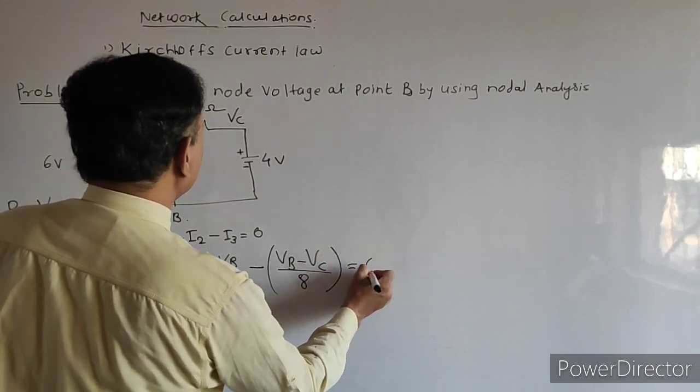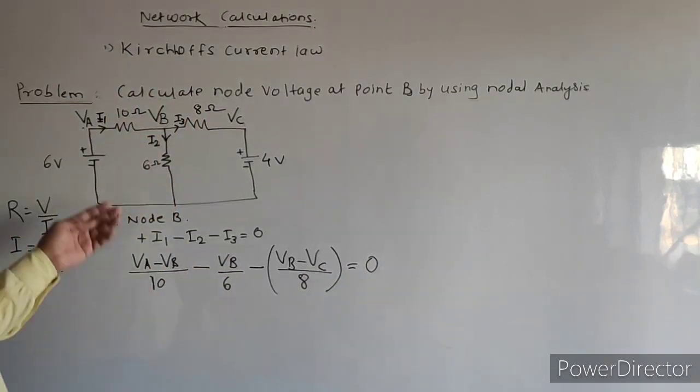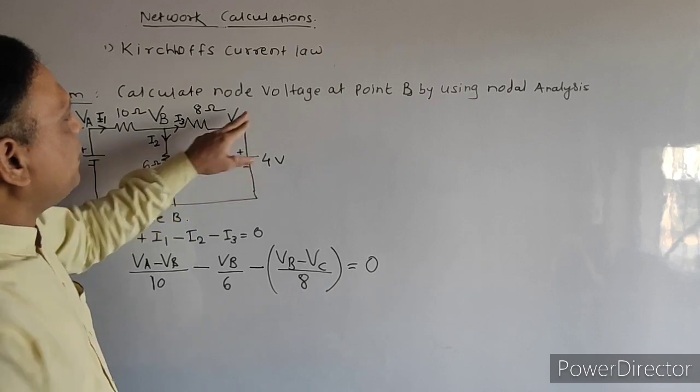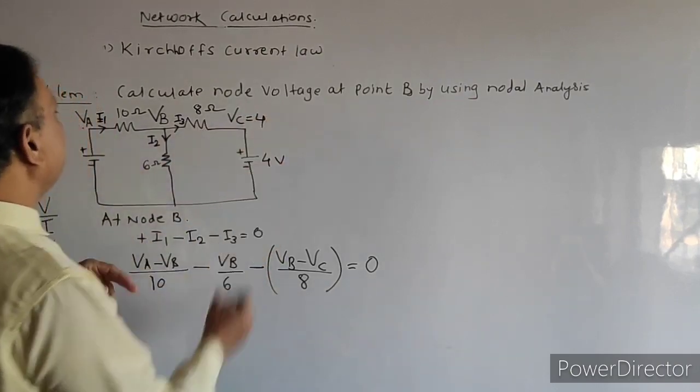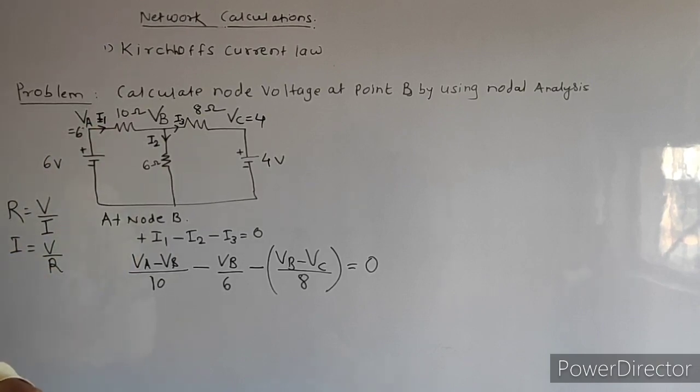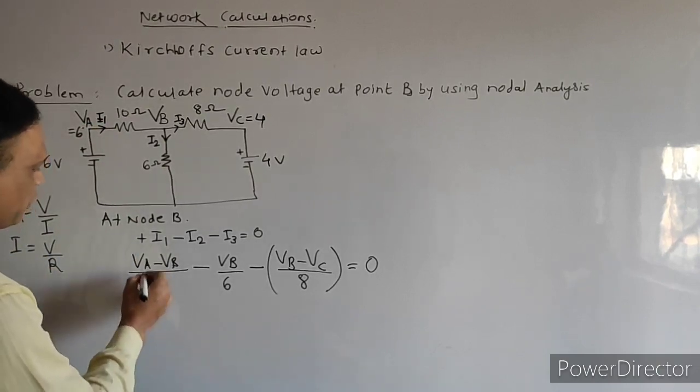So this is equal to 0. From this point, we can easily understand that VC is 4 volt, right? And from this point, we can easily find VA is equal to 6 volt. So we'll just substitute the value.